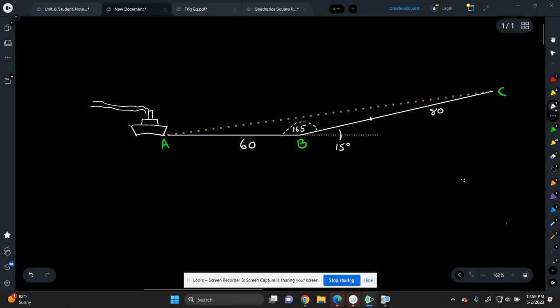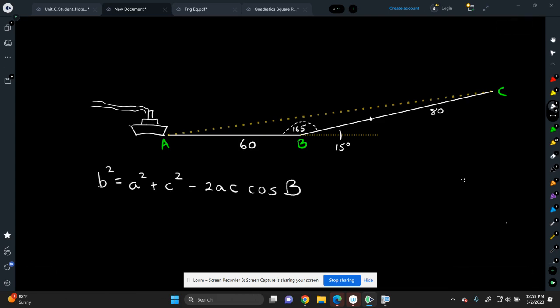Okay, so the law of cosine. We're looking for side B. So we're going to use B squared equals A squared plus C squared minus 2AC times the cosine of B. Right, I'm looking for side B right here.